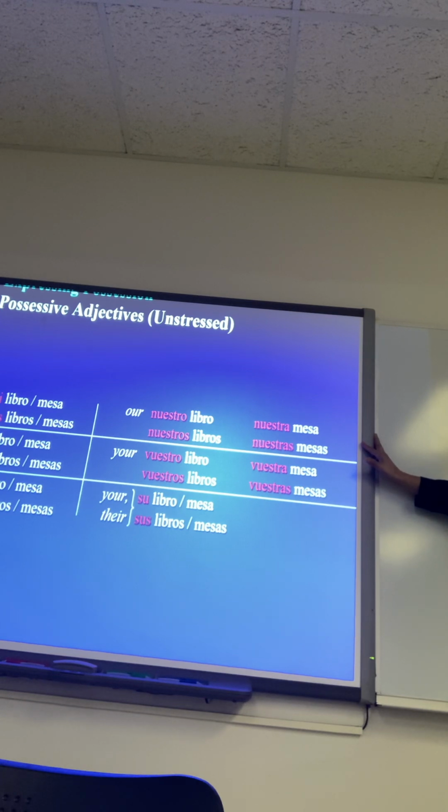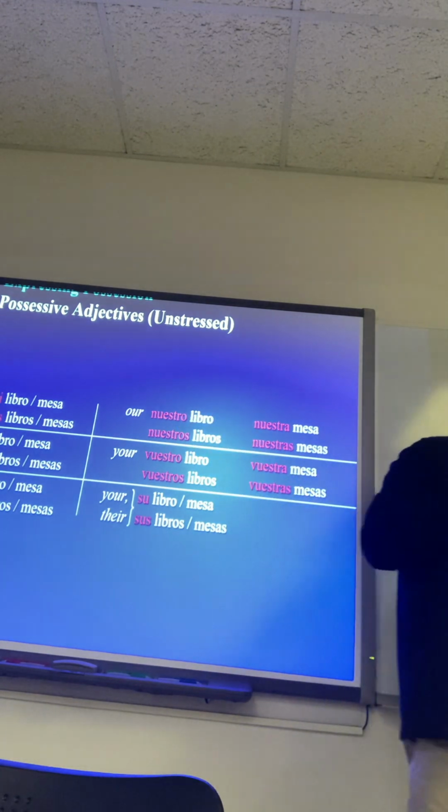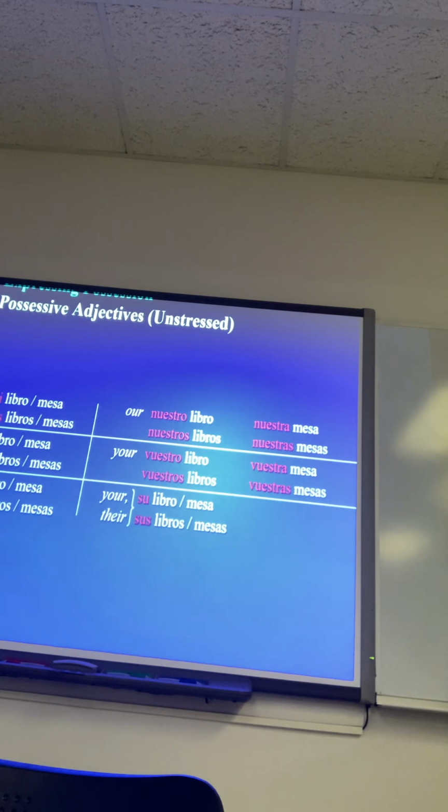And so at this point in the semester, they are referring to it as nuestro libro, our book. Why is it singular if there are two guys? How many books are there? One book, so we use the singular.